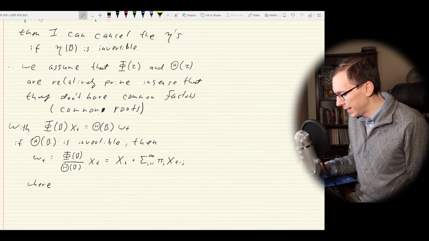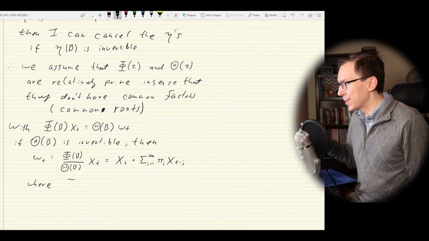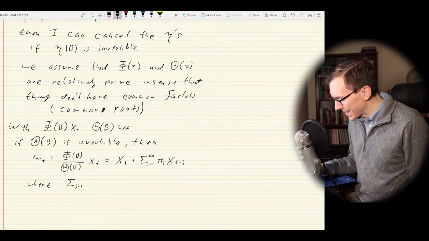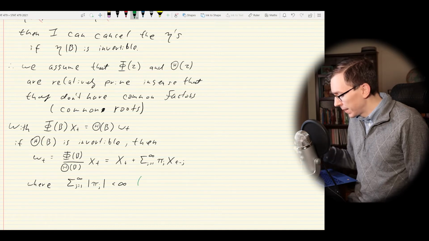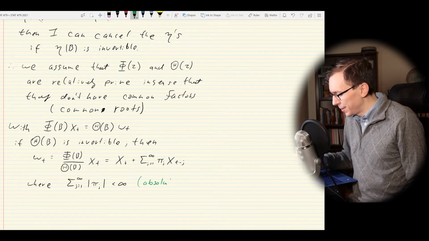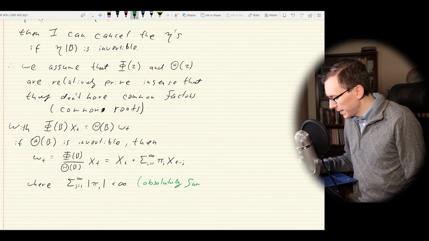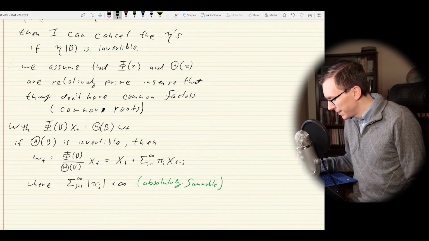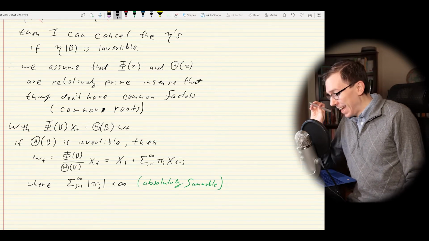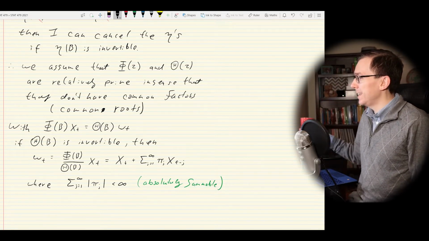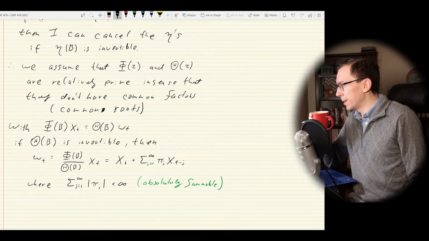I can hand wave it and say they go to 0 really fast, but more precisely, the sum over j from 1 to infinity of the absolute value of the pi's is finite. So they are absolutely summable. And that's going to be the property that we need here. That's basically what invertibility will imply.